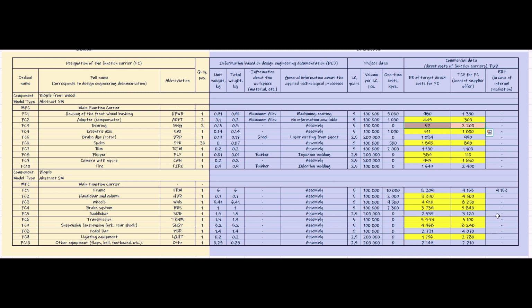Such an absurd amount of deviation indicates the presence of a fundamental error in reasoning, i.e., in this case, that there is no critical number of functions in the functional model that allow distributing the cost of the function carriers correctly. In fact, our proposed model of the front wheel is too simple, which leads to absurd results. If it's expanded by increasing the number of functions, the results will begin to level out.